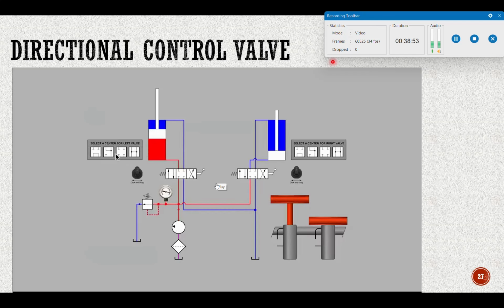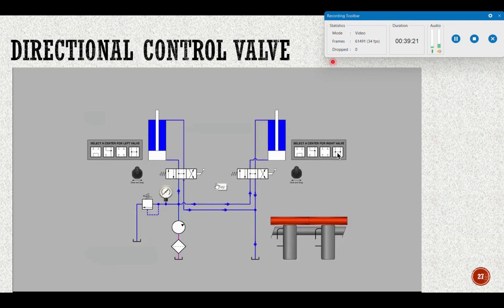Here are 4 of the most common valve centers available for 4-port 3-position valves. We could have a tandem center valve, which will connect pump back to tank while isolating A and B. We could have a float center valve, where only the P port is blocked. We could have a closed center valve where all 4 ports are isolated, or we could have an open center valve.